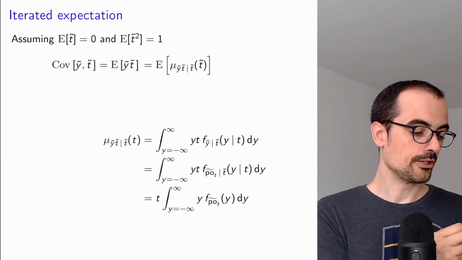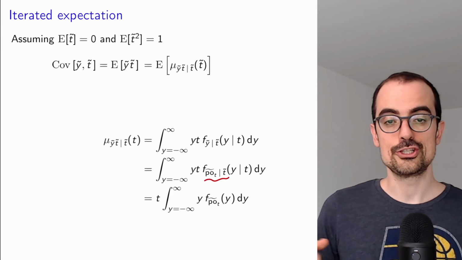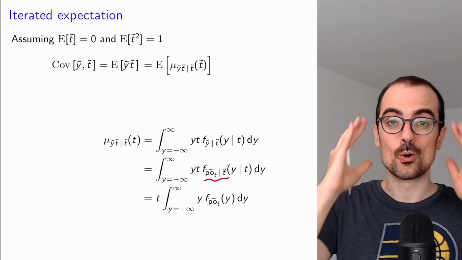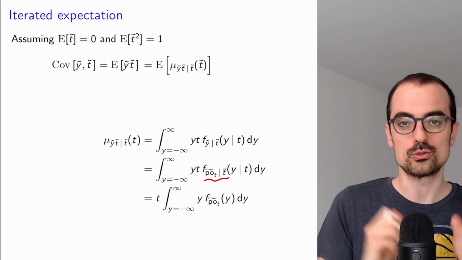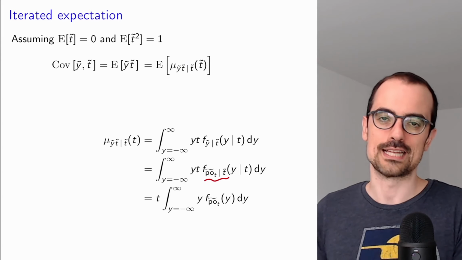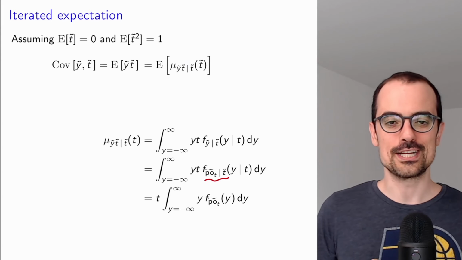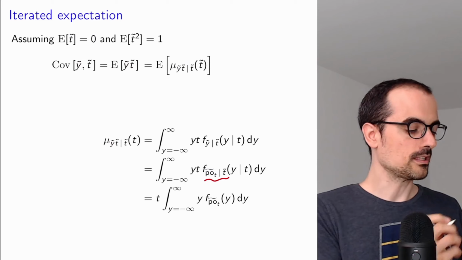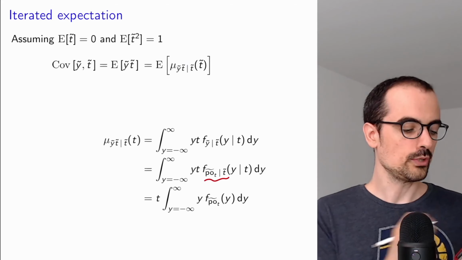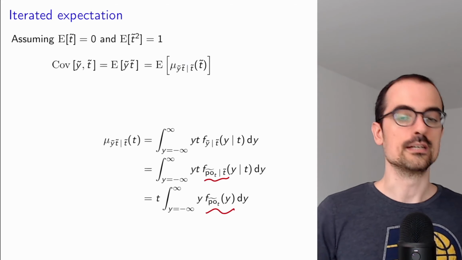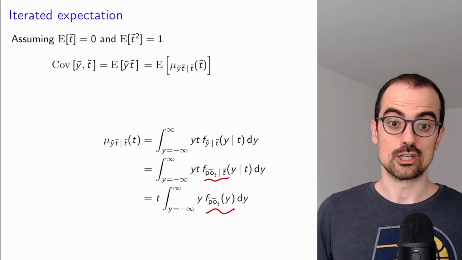And here we can use the fact that we are assuming, and this in general will not hold, which is why correlation does not imply causation, but here we're assuming that it holds to show you that under those circumstances, correlation does imply causation. Here, because of the independence, we can replace the conditional PDF of the potential outcome given the treatment by just the PDF of the potential outcome.